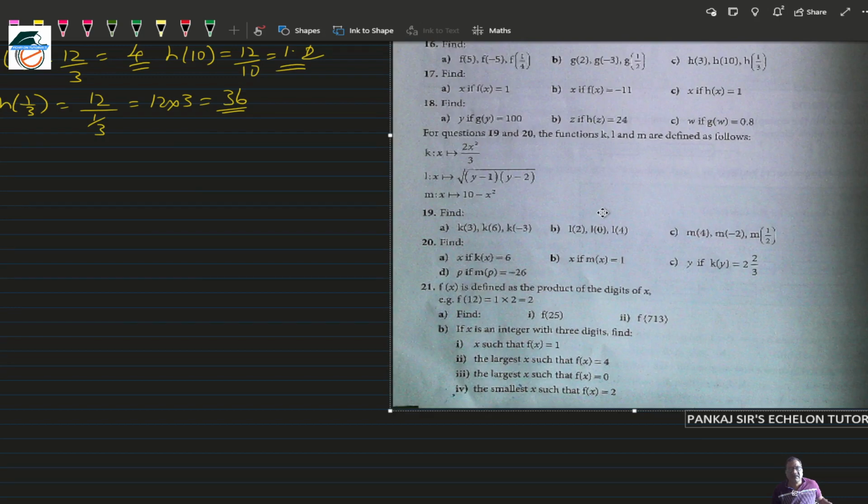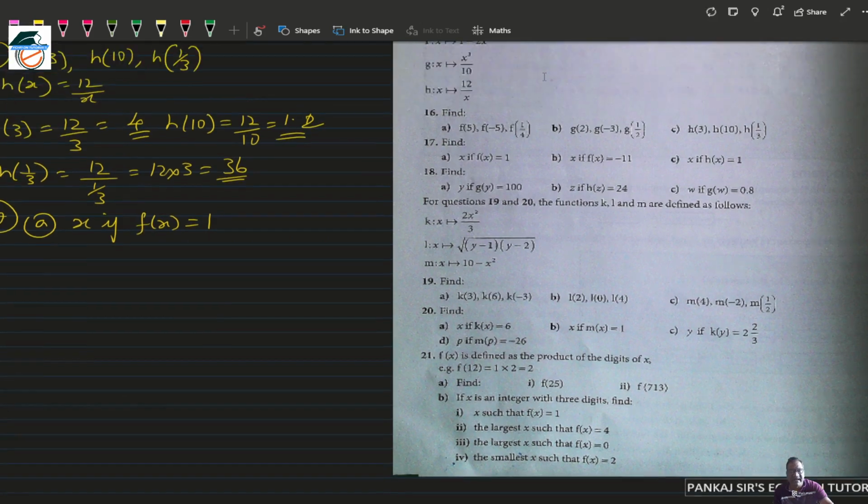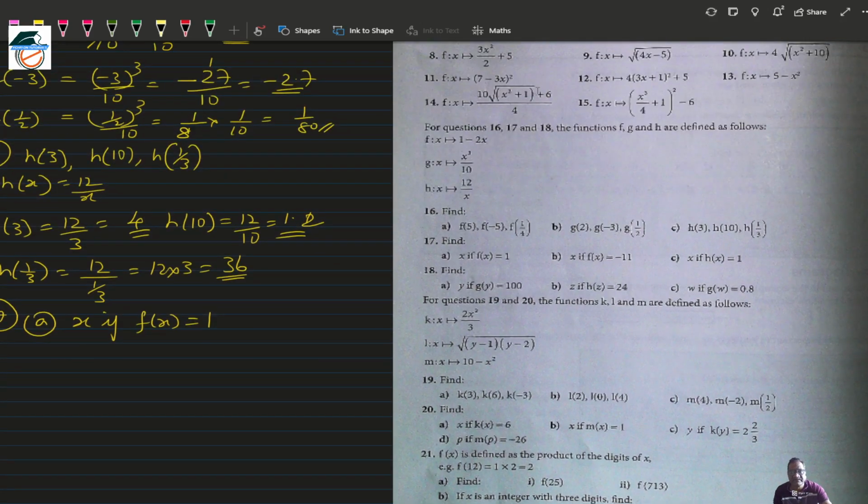Okay, question number 17, what you have to do is find x. 17A is you have to find x if f of x is equal to 1, isn't it? Now what is f of x?